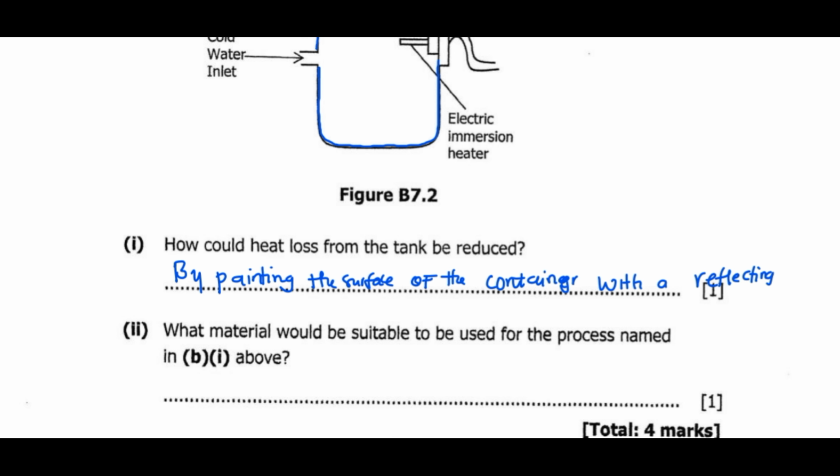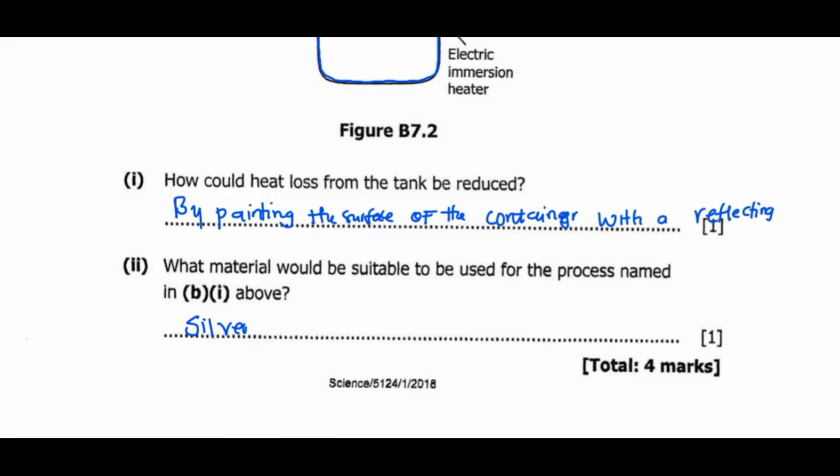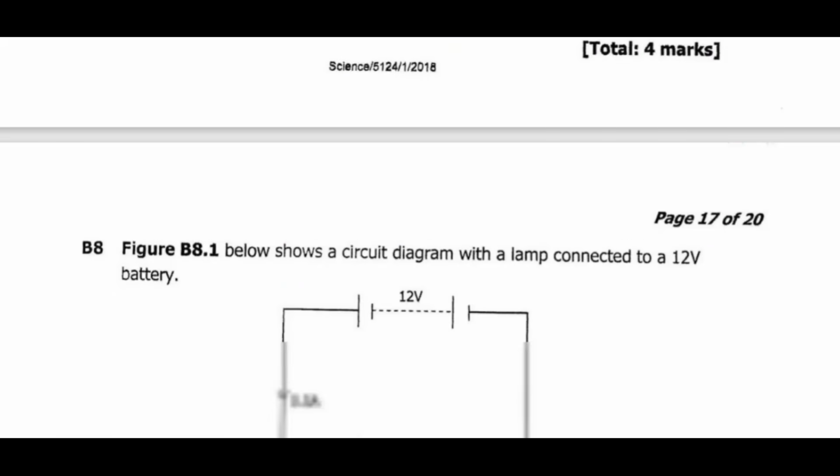Then what material would be suitable to be used for the process named in B1? So here we can use a silver material. We know that silver has the ability to reflect heat and light back.